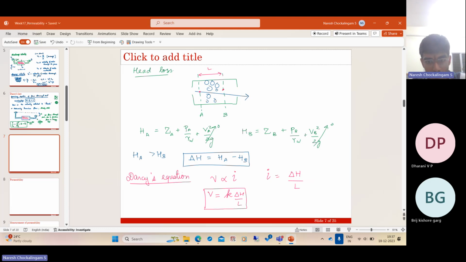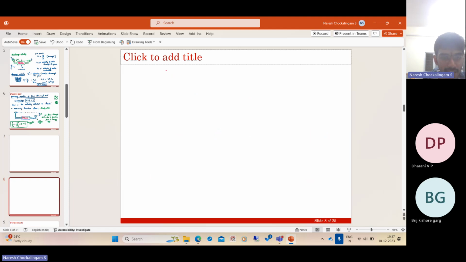Now you can just substitute in. Let us take A and B infinitesimally close. Then what do we get? Suppose L is very small, then delta H by L becomes partial H with respect to X. Now we considered 1D flow, but in 3D flow, we can have different permeabilities in different directions.